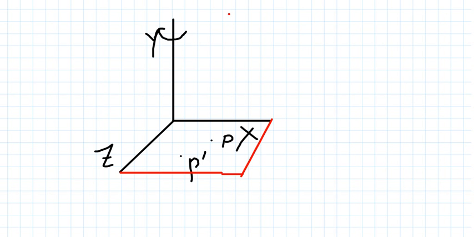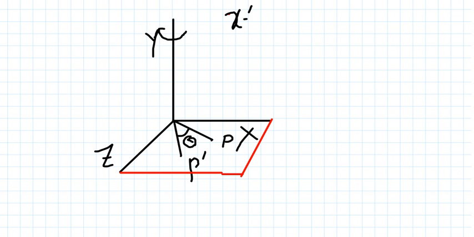Before that, let me clarify things a little bit diagrammatically. You can think of the rotation as a two-dimensional rotation onto the xz plane by an angle of theta. Now let me write our equations.